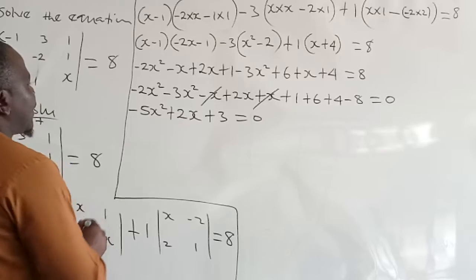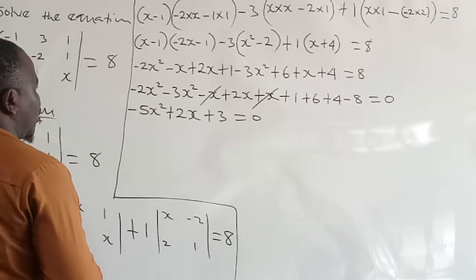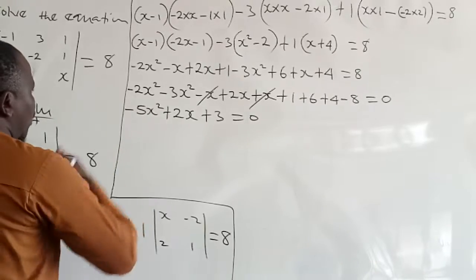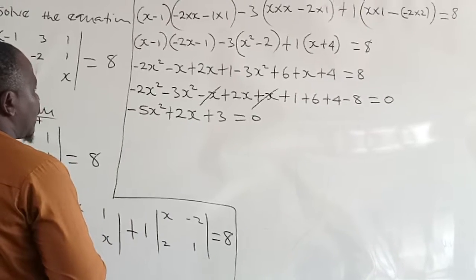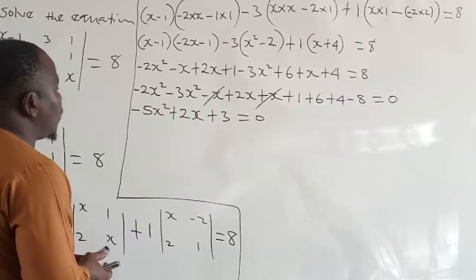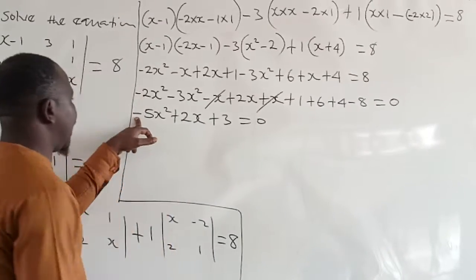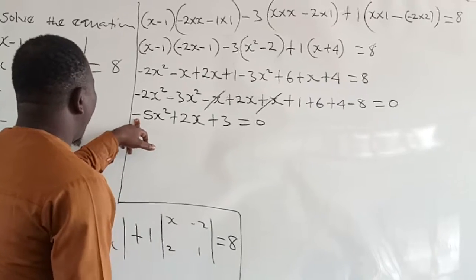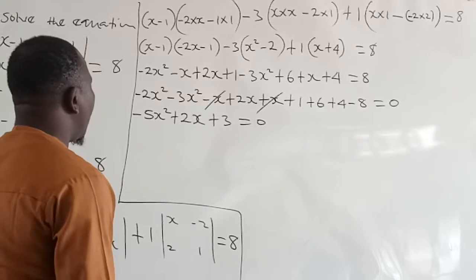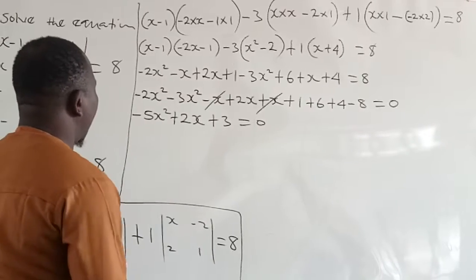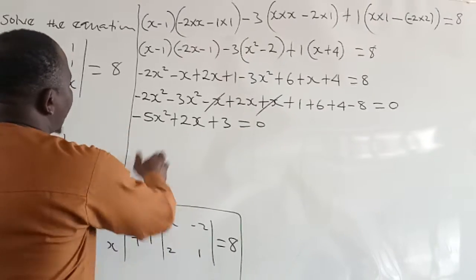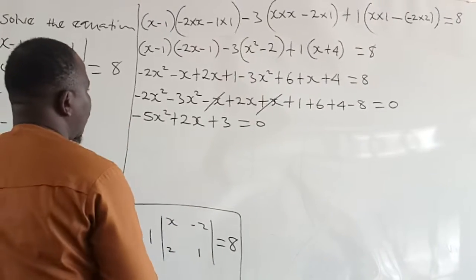You discover that this is a quadratic equation, but we are going to do something so that it will be easier for you to solve it. I know some of you, because of this minus sign, it will be a little bit difficult for you. But let me just open your eyes. If you come across something of this form, use minus to multiply through the equation.